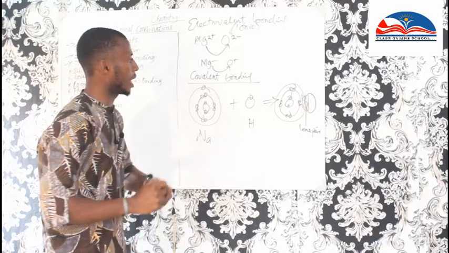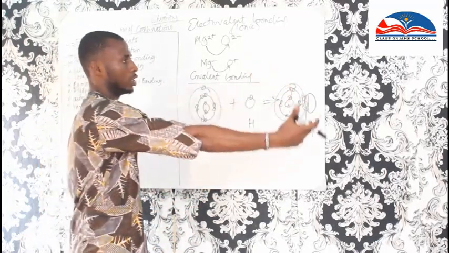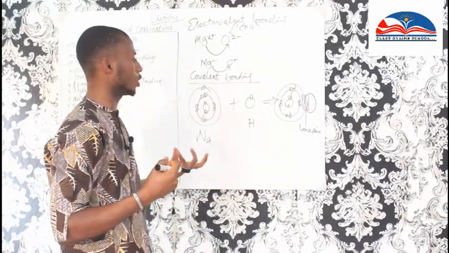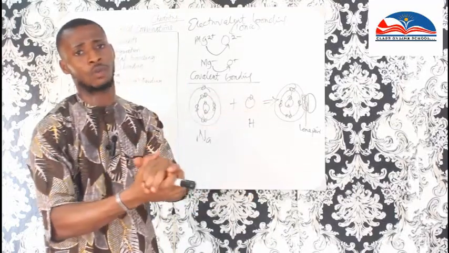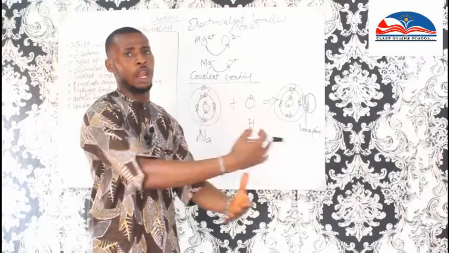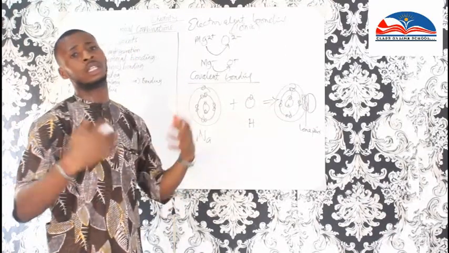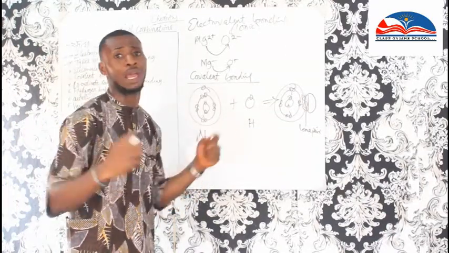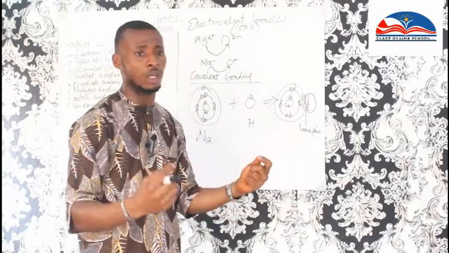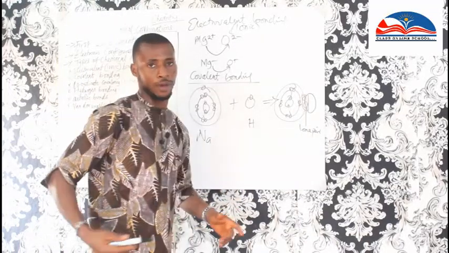Now, you will see that they have successfully shared their electrons. Hydrogen brought 1 of his electrons, while sodium brought 1 of his electrons to form a lone pair of electrons, which the 2 elements will share. So this bonding is characterized by the sharing of electrons, whereby individual electrons are brought by the elements to form a lone pair of electrons.